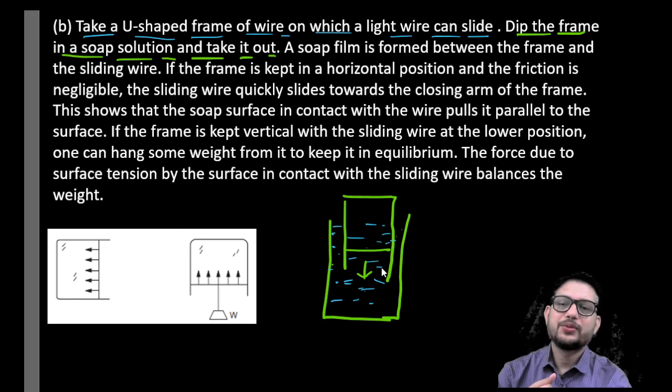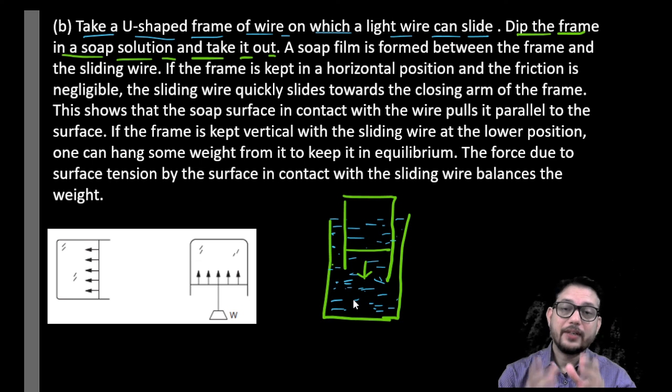So as you can see here, the frame, whatever frame we have created here, that U-shaped or rectangular shaped or whatever you can easily handle, that frame is now dipped inside the soap solution and gently pushed out.